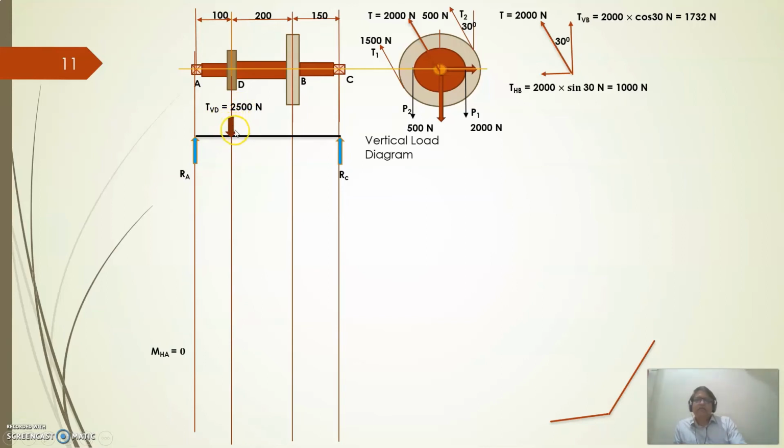Whether we should take it upward or downward: if the weight is given, then we take it as minus. Here weight is not given, so you can take it in any direction, no problem. So TVD is 2500 newtons.